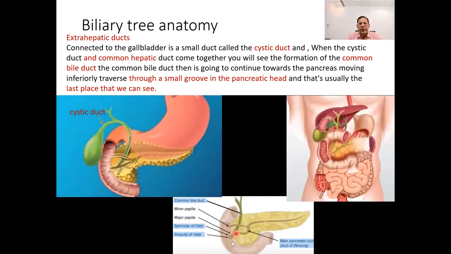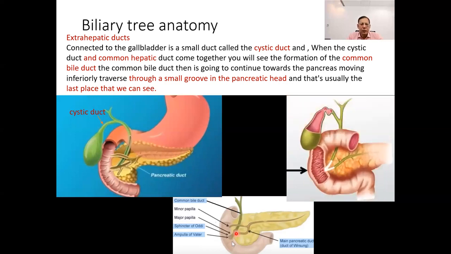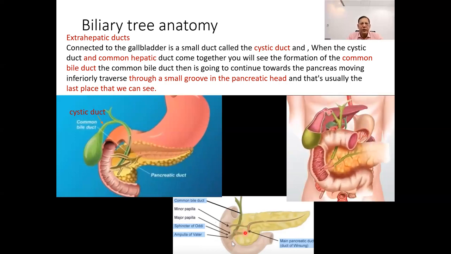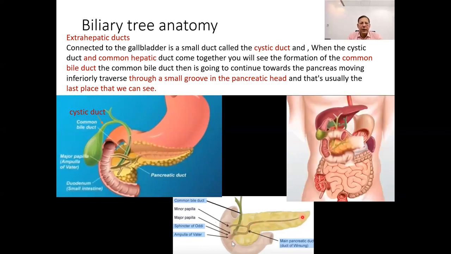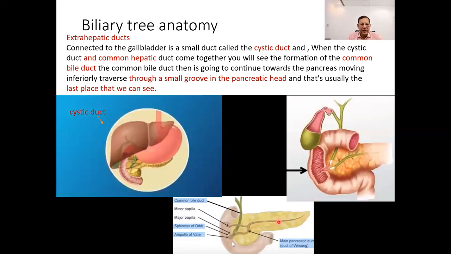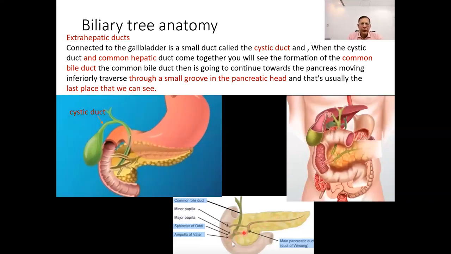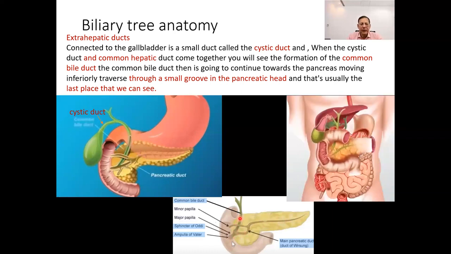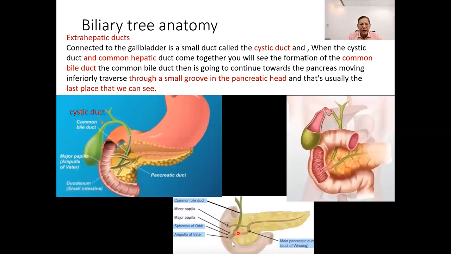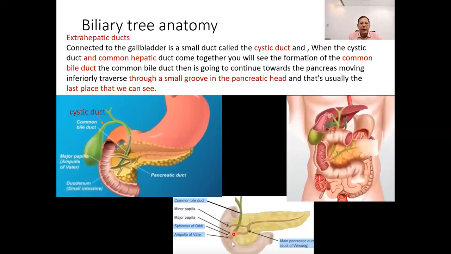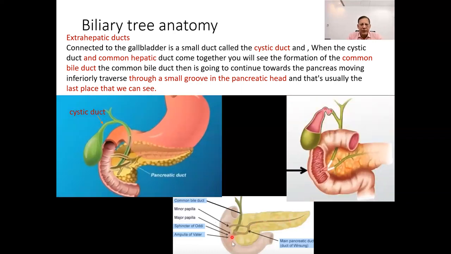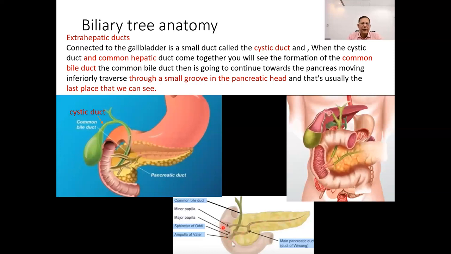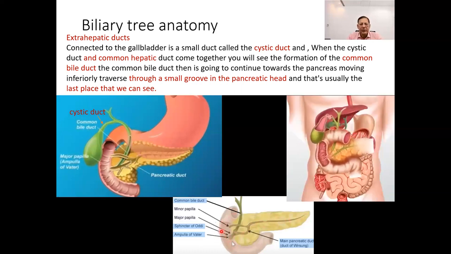So at the head of the pancreas, the common bile duct joins the main pancreatic duct, which is also called the duct of Wirsung, coming from the tail, body and head of the pancreas. I mean, the common bile duct and the main pancreatic duct both join together to open into a single opening within the second part of the duodenum.